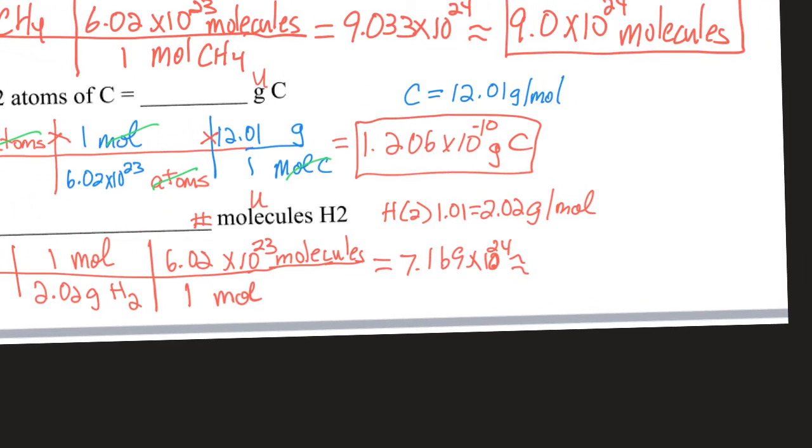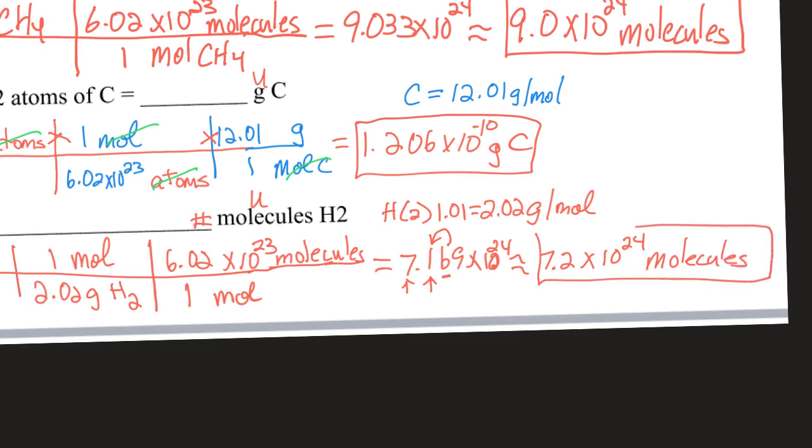When we round that, here's our first significant figure. Here's our second one, but it's followed by a 6. So that's going to change the 1 to a 2, and our final answer is going to be 7.2 times 10 to the 24th molecules. Put a box around it so it's pretty.